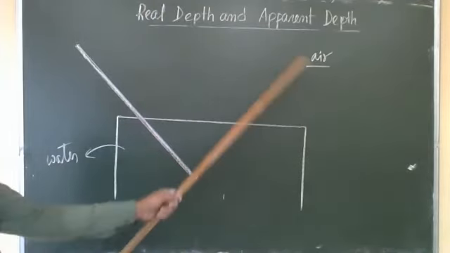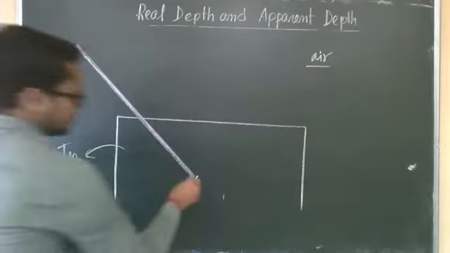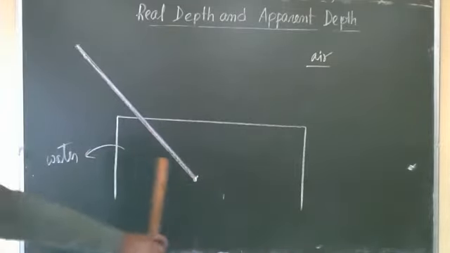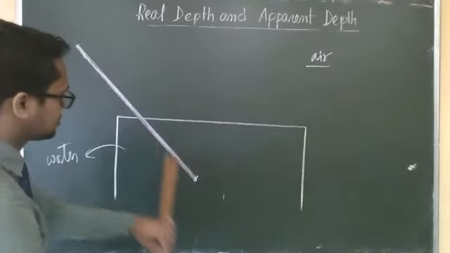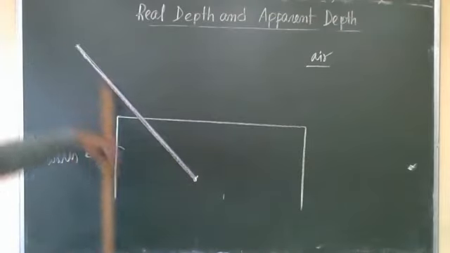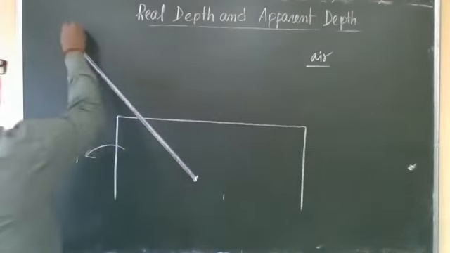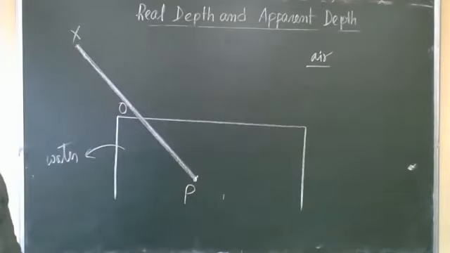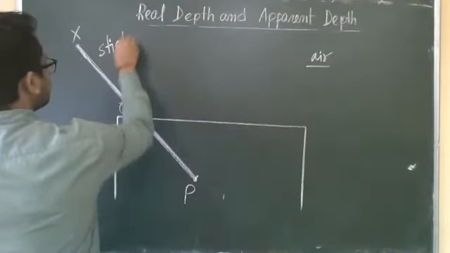Now suppose we are seeing from here, not normally, we are seeing from here. Then what will happen? We will take two rays from this one, only from this one, because only this part is inside the water. So only this part will bend. This part will not bend. Give the name as it is given in your book, XOP. This is the stick.